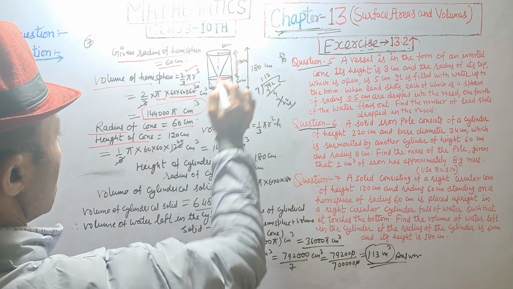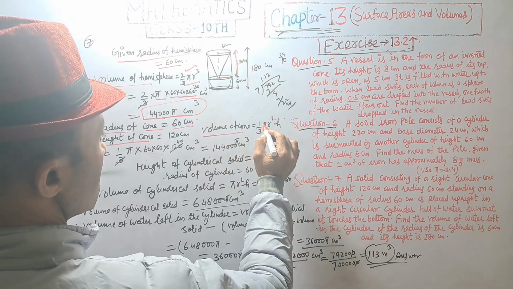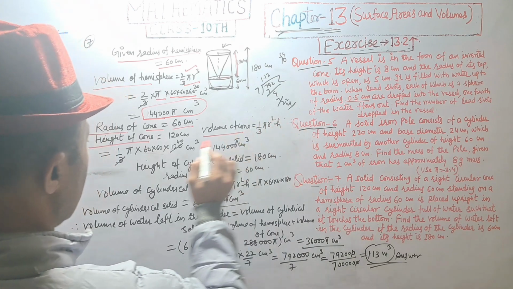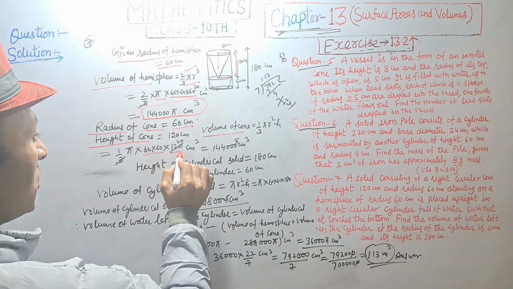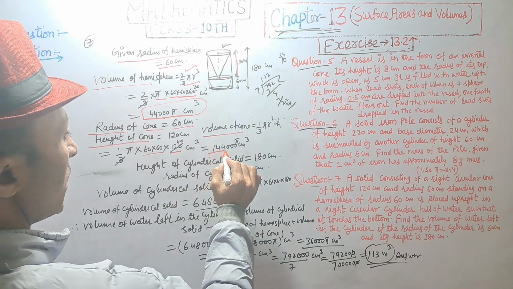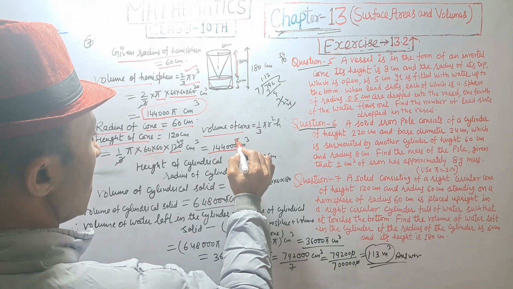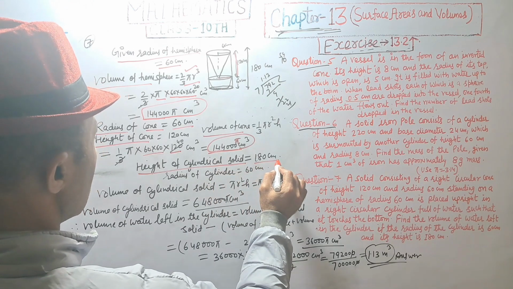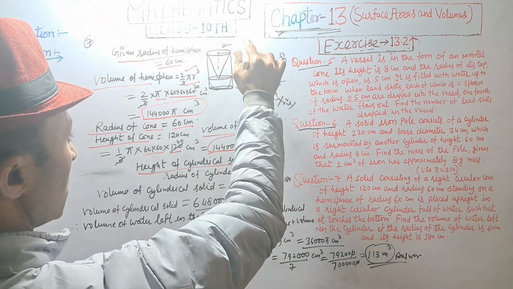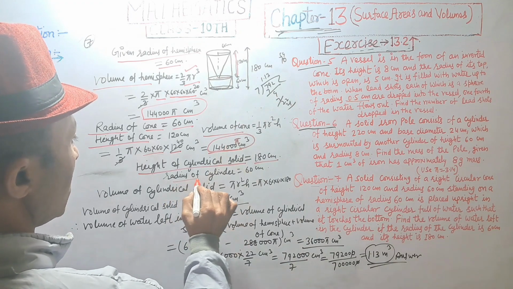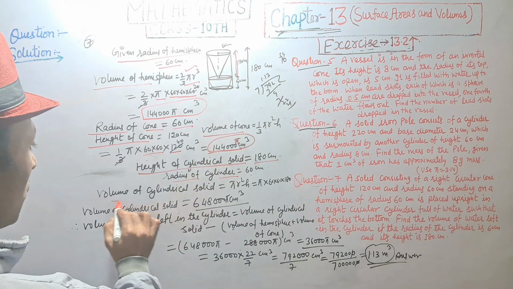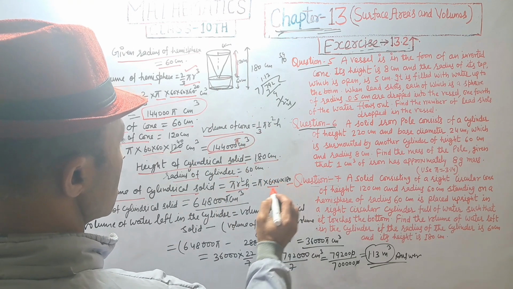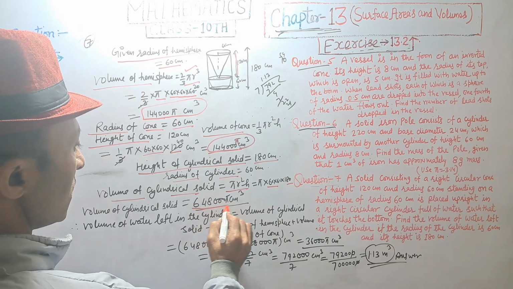Volume of cone is equal to 1/3 pi r square h, with r square 60 into 60 into height 120, we get 144,000 pi centimeter cube. And the height of the cylindrical solid is 180, total height of the cylinder 180, and radius of cylinder is 60.